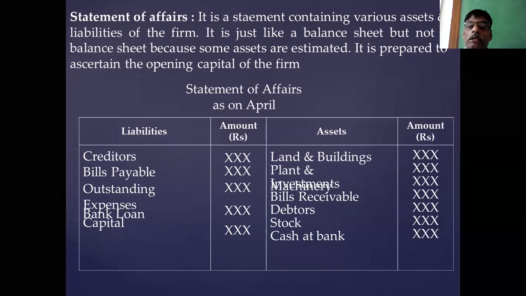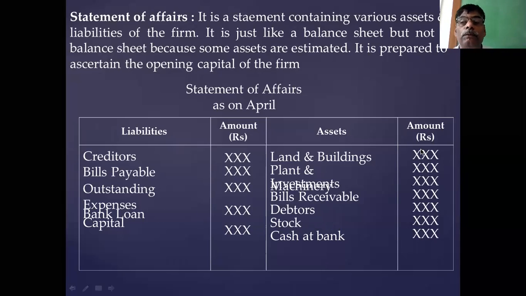You write the given assets on the asset side, given liabilities on the liability side. If there is a difference and the difference is on the liability side, first preference is given to capital. If capital is already given, then second preference is opening creditors. If creditors are also there, then that is opening bills payable. These are the 3 points to remember regarding the missing information.